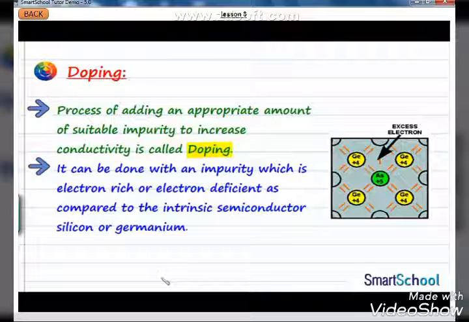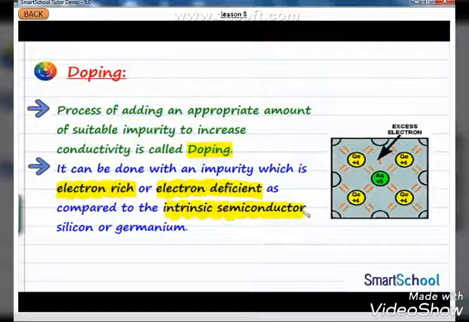It can be done with an impurity which is electron-rich or electron-deficient as compared to the intrinsic semiconductor such as silicon or germanium.